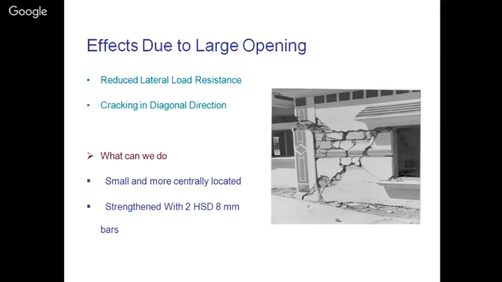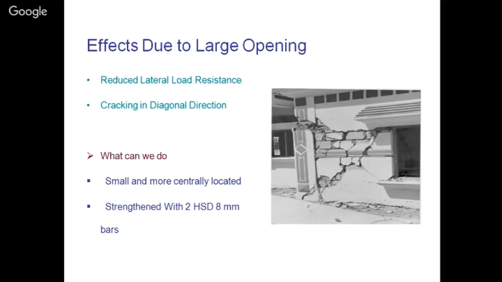What can we do? Make openings small and more centrally located, definitely keeping the appropriate size of your door and window, which serves your purpose. Strengthened with 2 HYSD 8 bars.